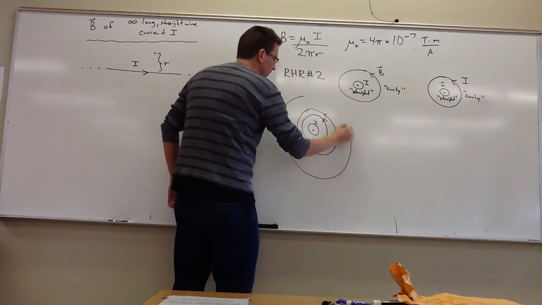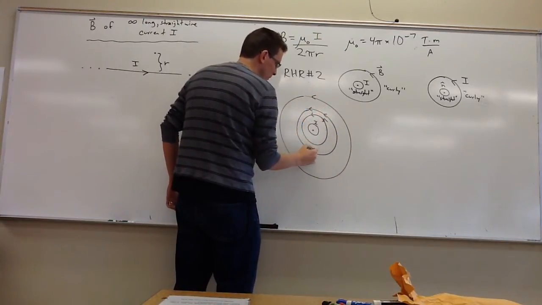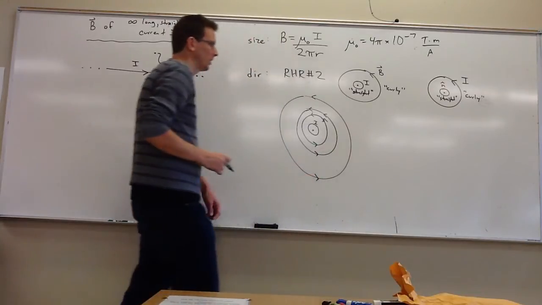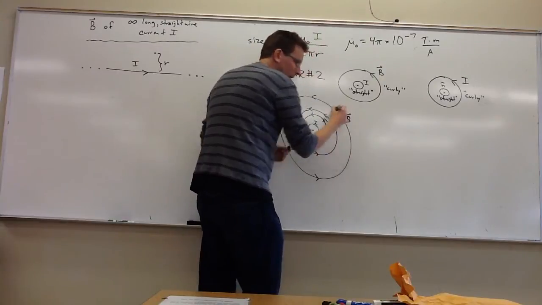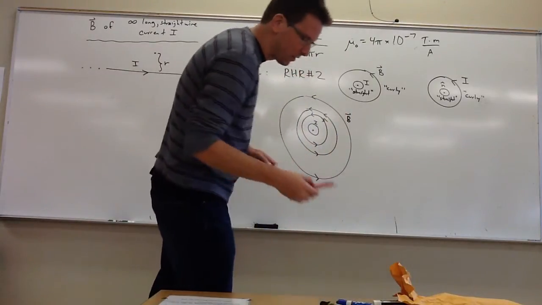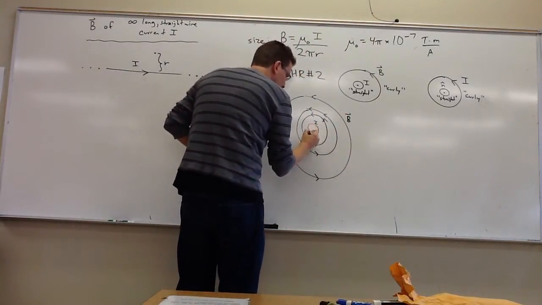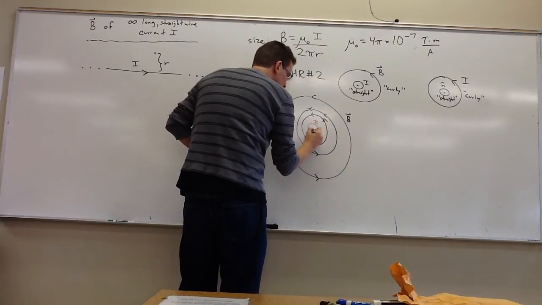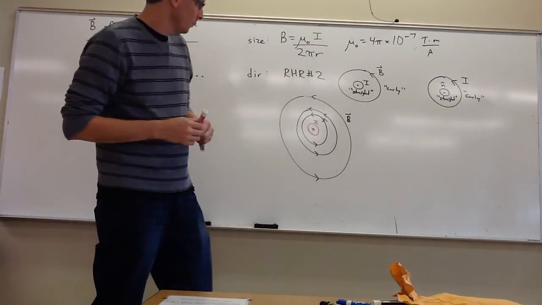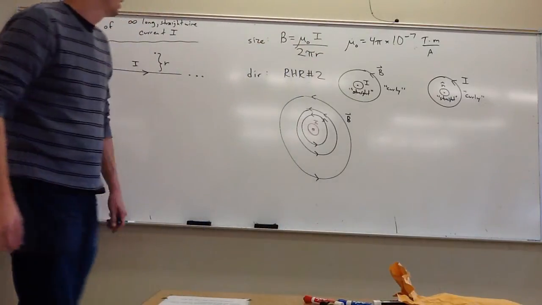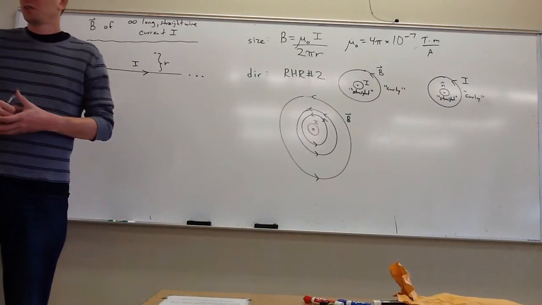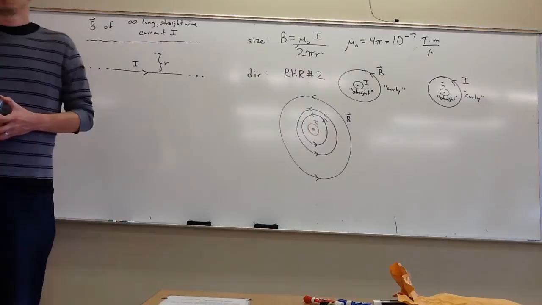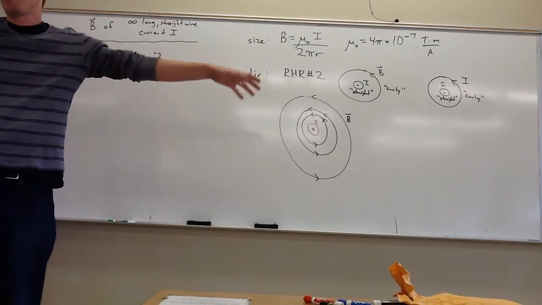I'm going to try to show that the field lines are getting further apart. I should probably have some color coding here, so let me make the current a different color. I'm trying to show the magnetic field lines wrapping around according to right-hand rule number 2, and I'm also trying to draw the field lines further apart as I go further away from the wire.